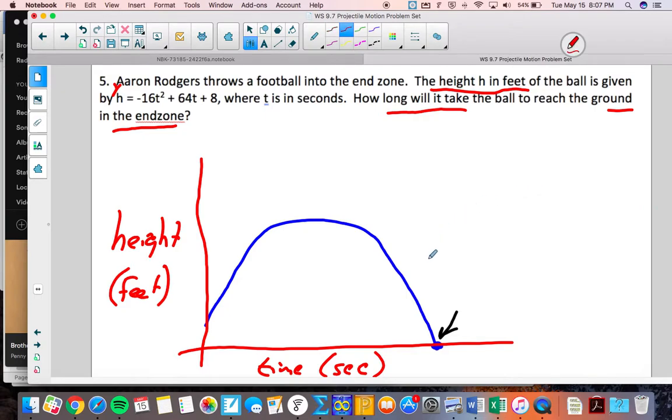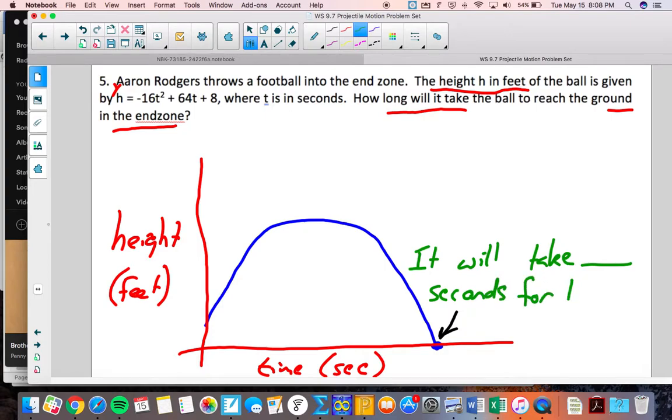And we could answer the question by writing a sentence that would look something like, it will take blank seconds for the ball to reach the ground. So do we know any information about this point?